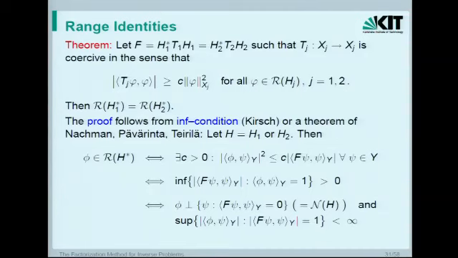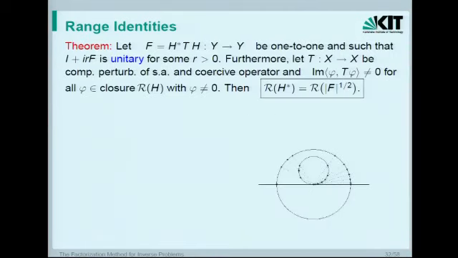Okay, so let us now apply that theorem to the scattering problem. So recall we have a factorization of H in the form of H star T H. Okay, this is still a general theorem.